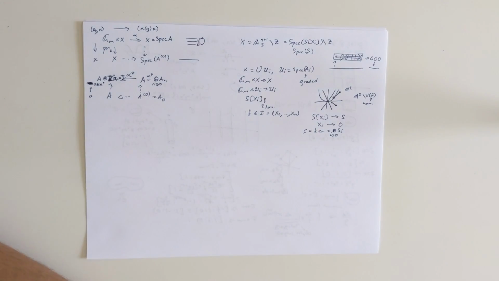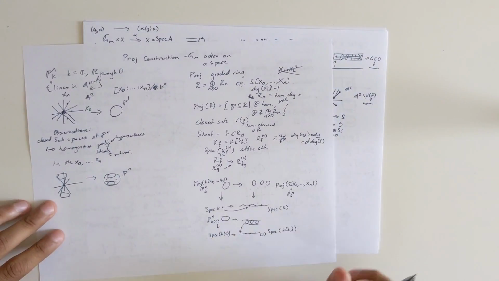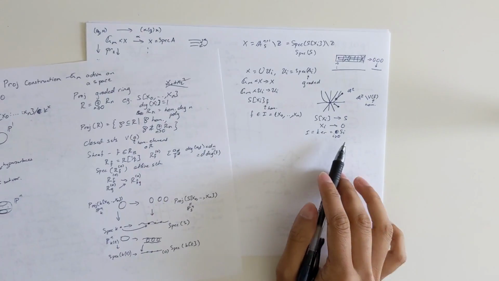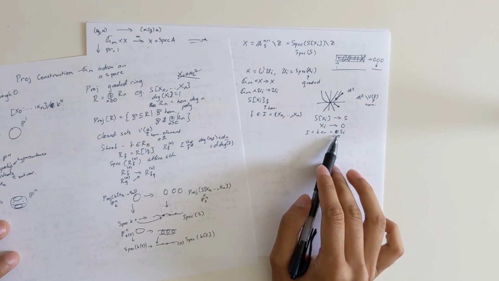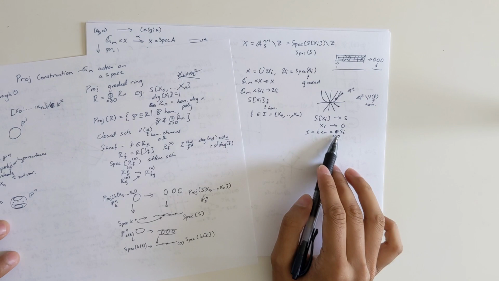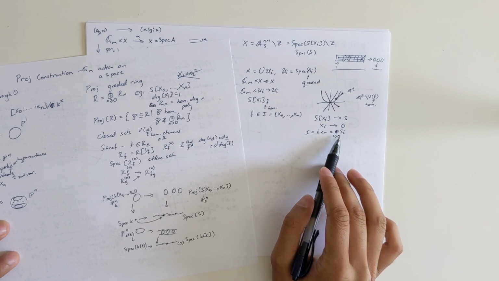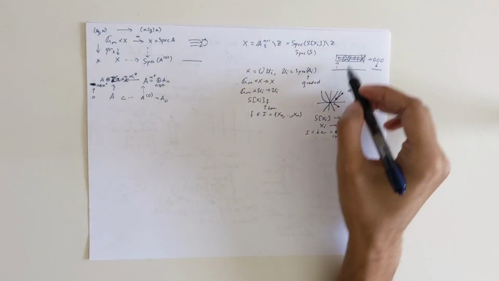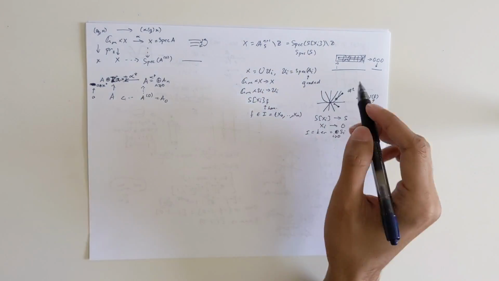And so you will recall that when I first described the Proj construction, we had this weird irrelevant ideal, and we can see that the irrelevant ideal exactly corresponds to the functions which define this zero section of our vector bundle over S, or over Spec S.